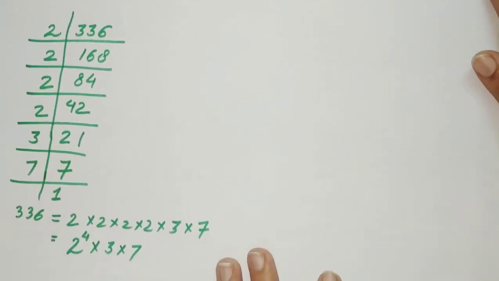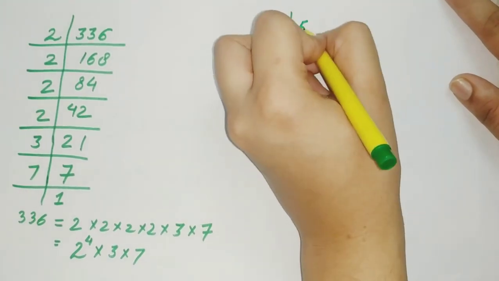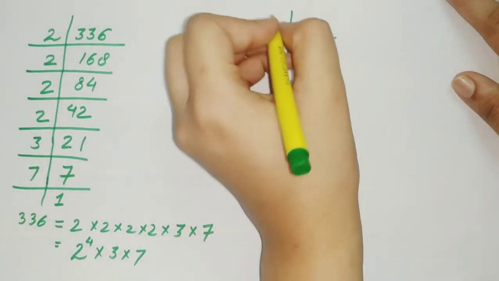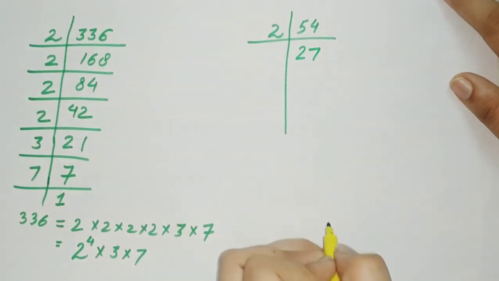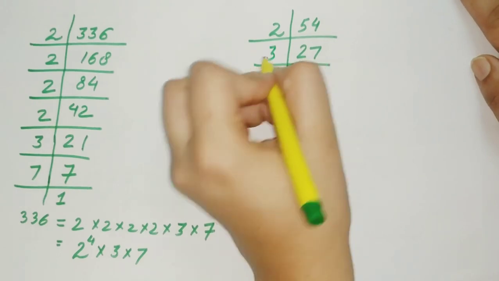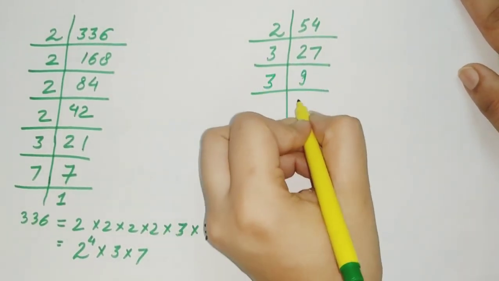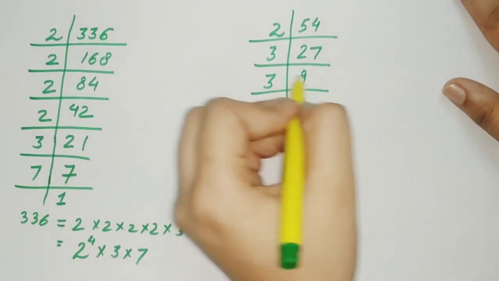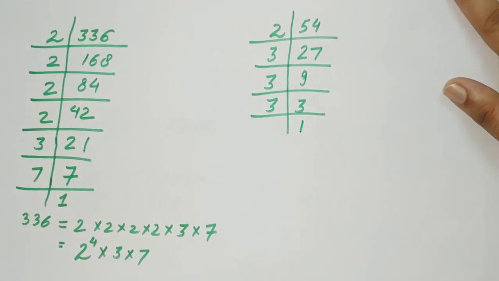And then we'll find out the prime factors of 54, which is again divisible by 2. 54 divided by 2 is equal to 27. 27 is not divisible by 2, but 3 9s are 27. Now again 3 3s are 9. 3 is a prime number, thereby 3 1s are 3.